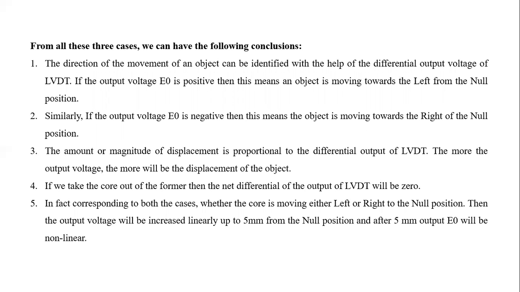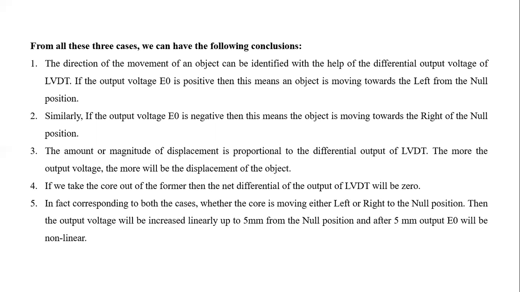The more the output voltage, the more the displacement of the object. If we take the core at the center of the former, then the net differential output of the LVDT will be 0. At null position, the output of the LVDT is 0.